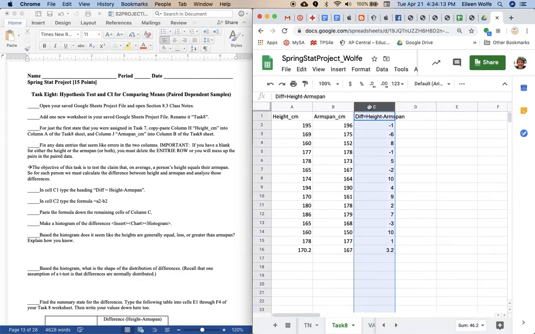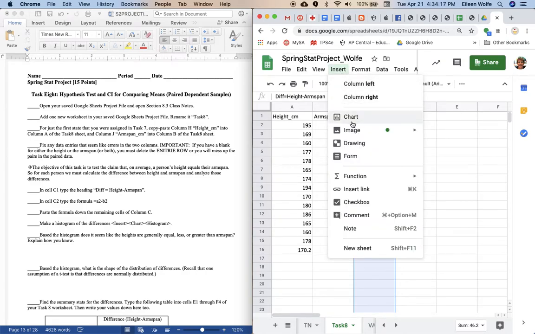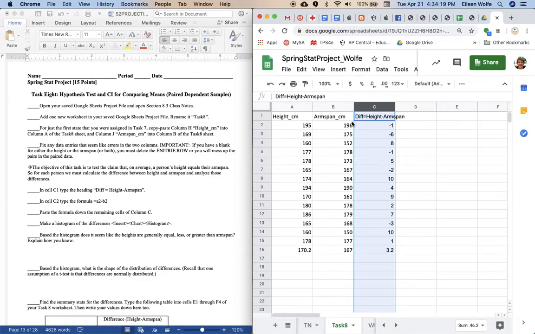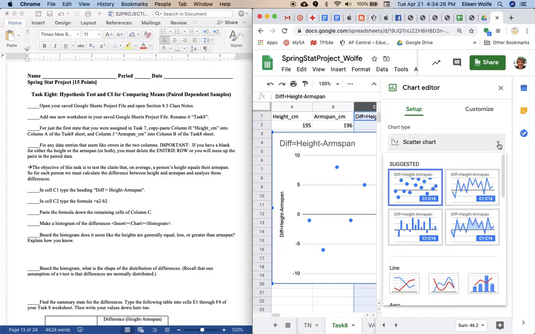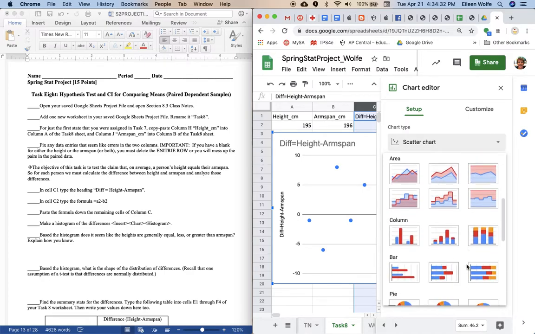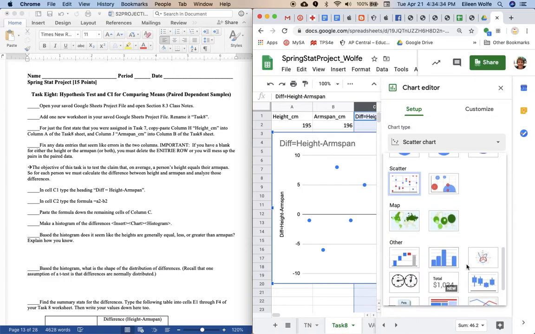So I'm going to highlight column C, and on insert, I'm going to pick chart, and let's see what chart it makes for me. It picked scatter. I don't want scatter. I just want a histogram.